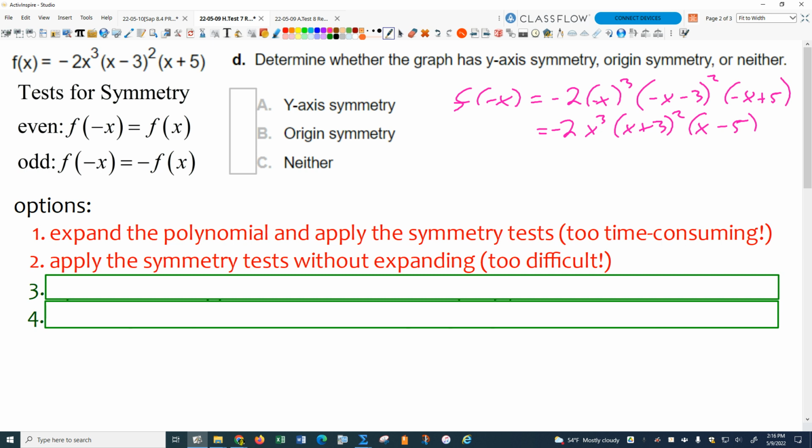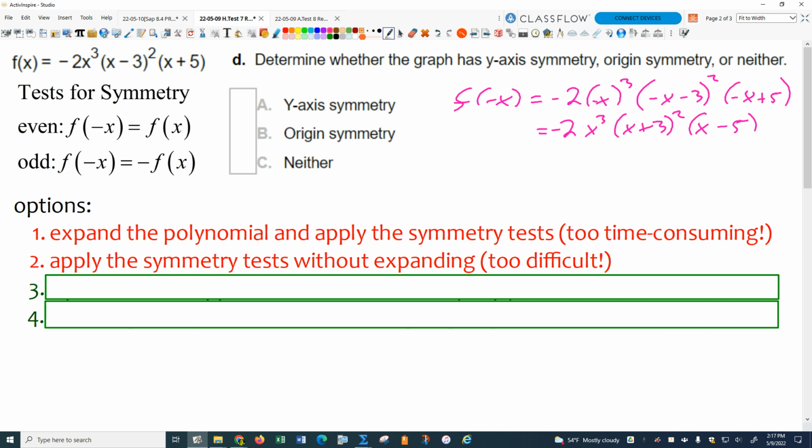What's the way that we kind of agreed on Thursday? Remember? For these symmetry tests, what does that mean? It means that if I plug in some positive value of x, just pick one, and then I plug in its negative opposite, one of these two things would have to be true of the numbers I get.